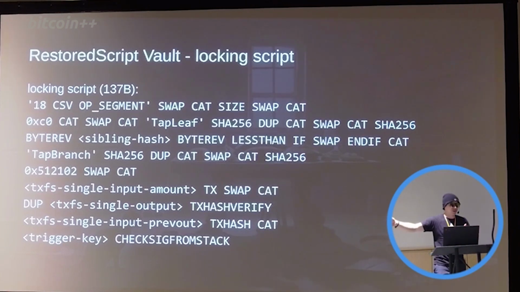And it could be that anyone can spend at that point. But the vault condition, that you must wait 18 blocks, still holds. That's the important thing, that you must wait 18 blocks before you spend this, because that gives me, as the vault holder, a chance if someone is stealing it to an op success script. Why are they doing that? Because they're a miner, I don't know. But they're stealing it to an op success script, and I can still recover it to my safety path. Op segment protects me from it just being a full op success.